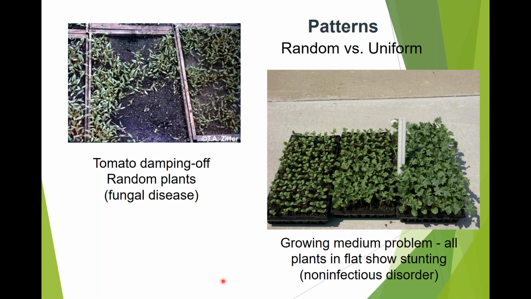It's fertilizer in the growing medium that wasn't evenly distributed. And so certain plants got a bigger dose of fertilizer than others in certain flats. And you can see the difference in the growth stage and the size of the seedlings in these plants. And that's more uniform and therefore more reflective of a non-infectious problem.